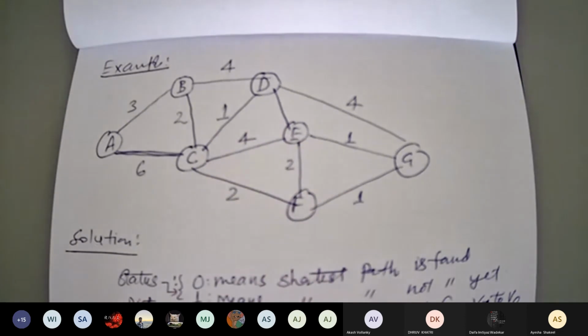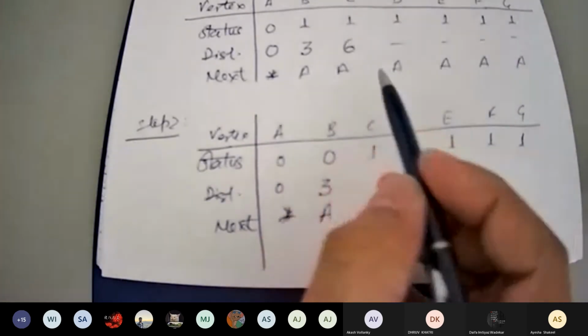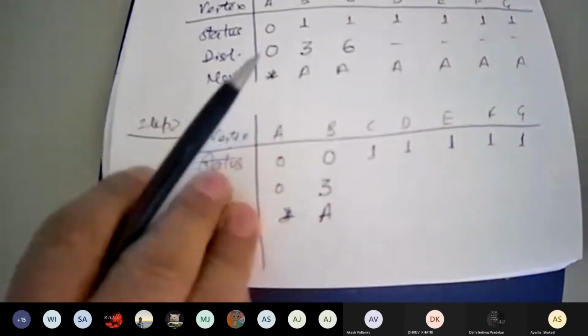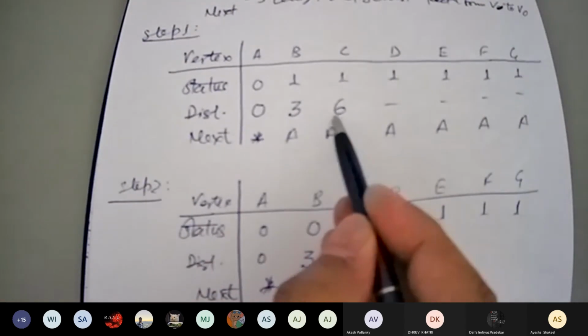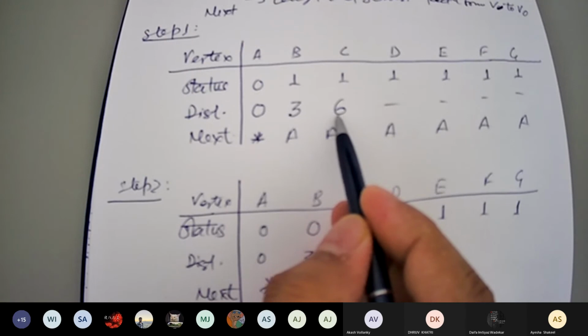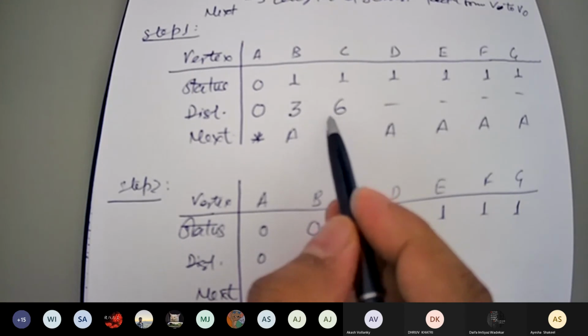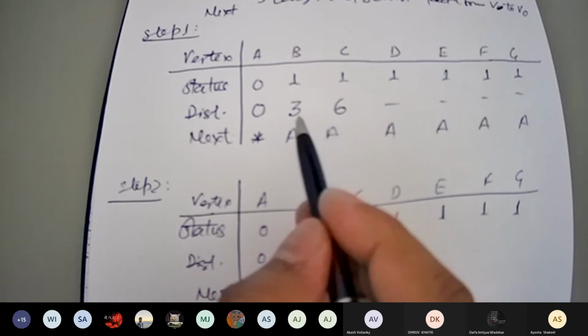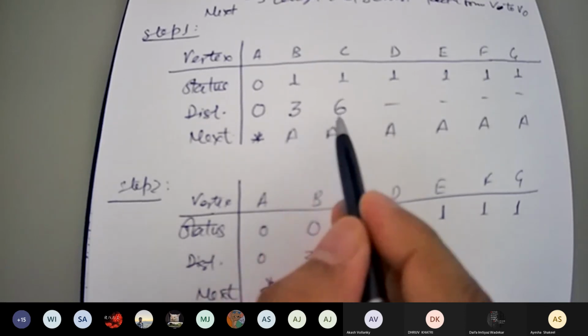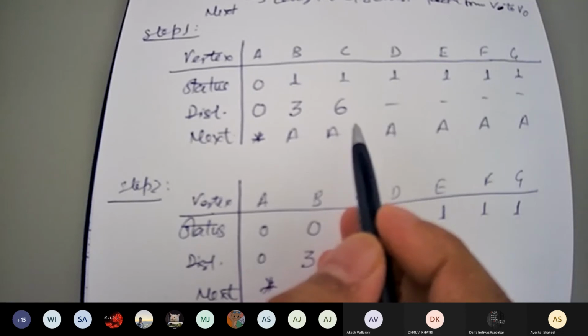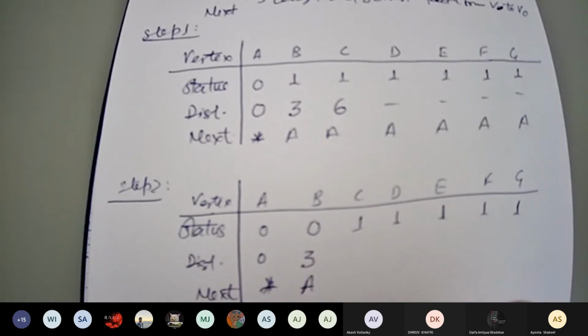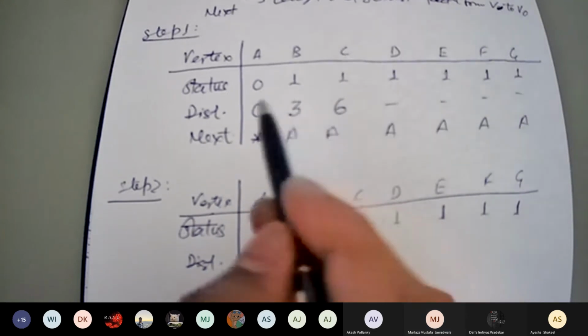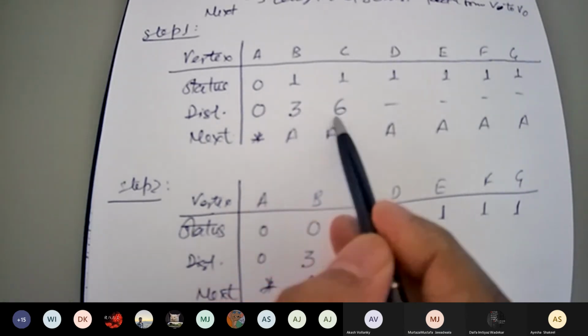So B to C is how much? 2. But if you see here, it was already written 6, A to C, coming from A. If you go via B, you are not coming directly from A to C, you are coming from A to B and then B to C. So till C, how much distance can you reach? 5, because A to B is 3 and then B to C is 2.